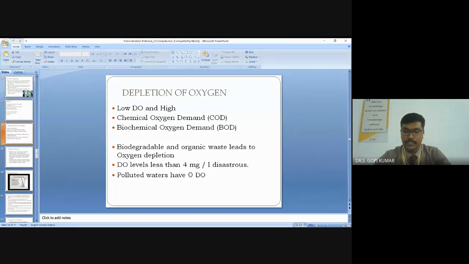So these are the root causes for depletion of oxygen in the river zone.